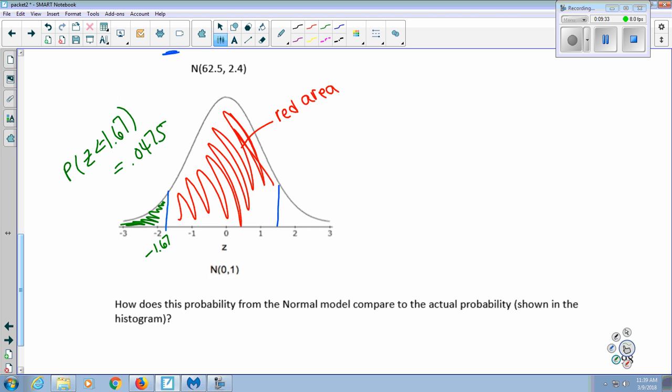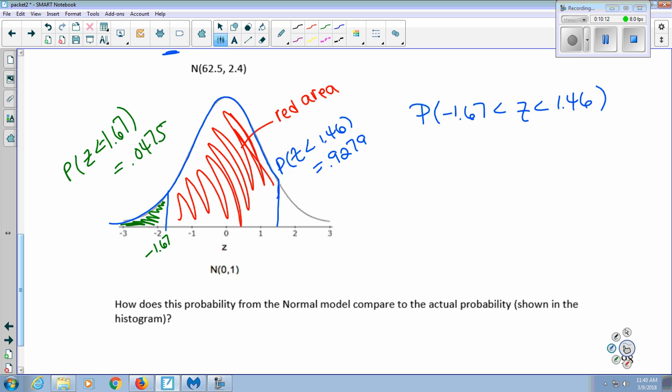And if we look up this other z-score, the probability of z being less than 1.46, that's going to be equal to 0.9279. Okay, now remember that this one is going to be the area under this, everything to the left, including the green. But since we're only interested in the red, what we can do to find the probability that we're between these two things is to subtract.